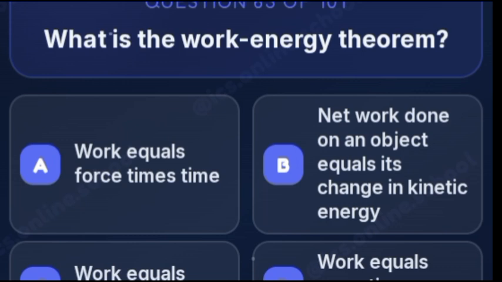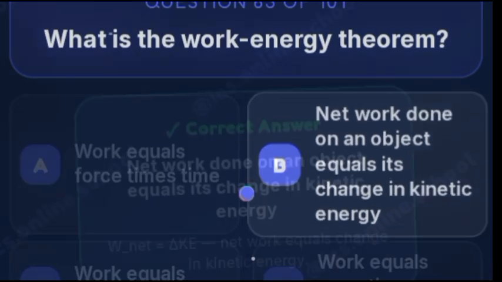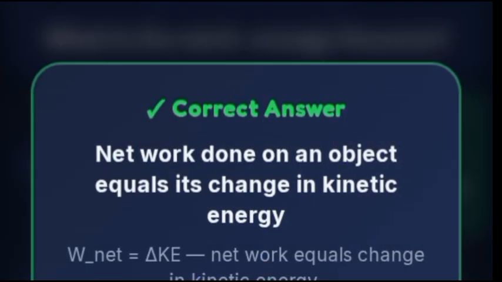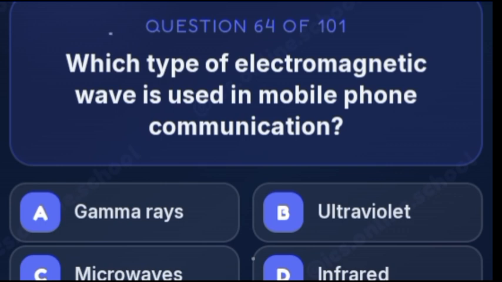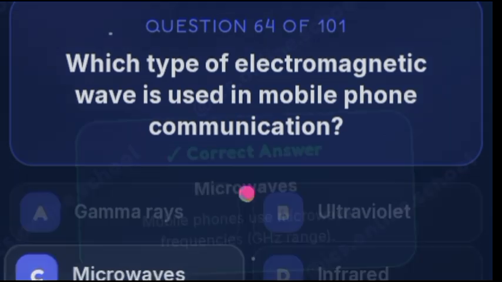What does the work energy theorem state? Net work done on an object is equal to the change in kinetic energy. Which type of electromagnetic wave is used in mobile phone communication? Microwaves.